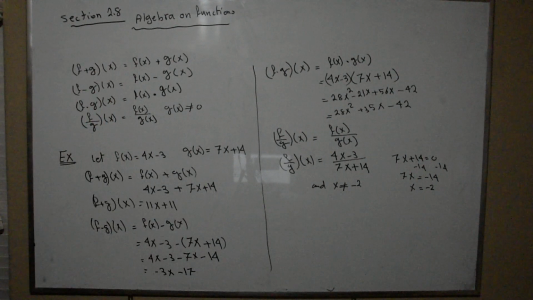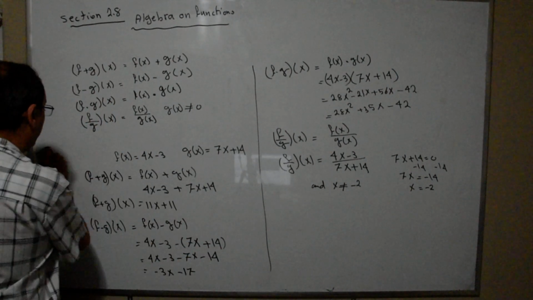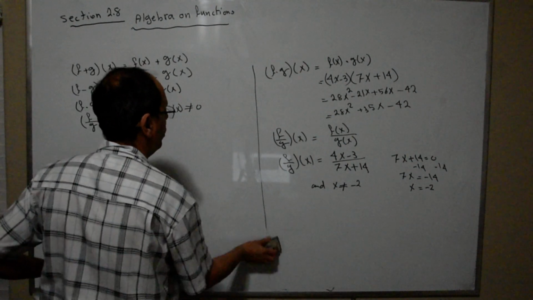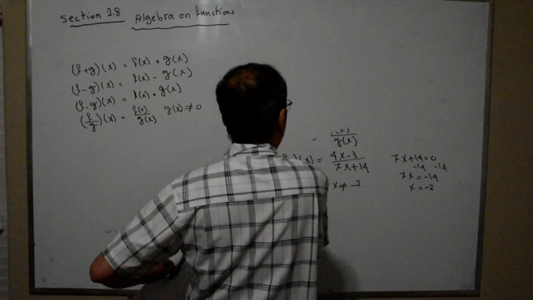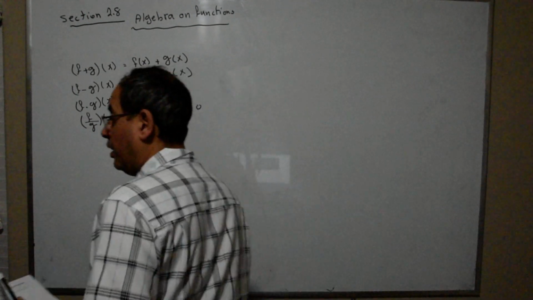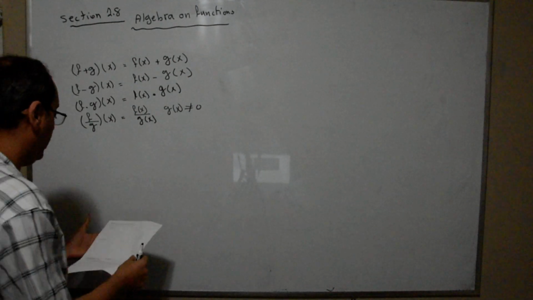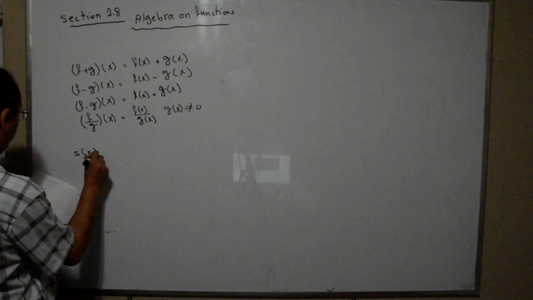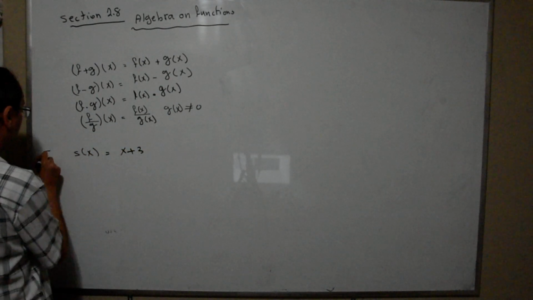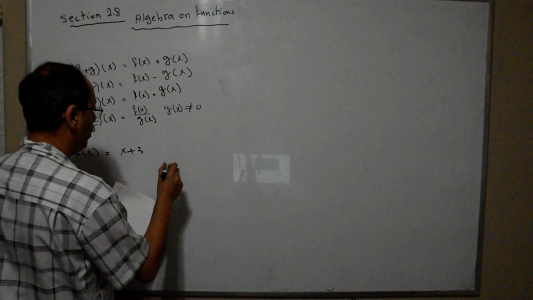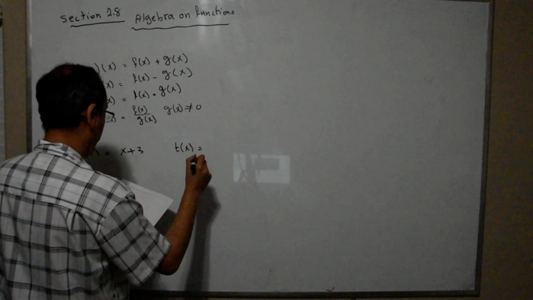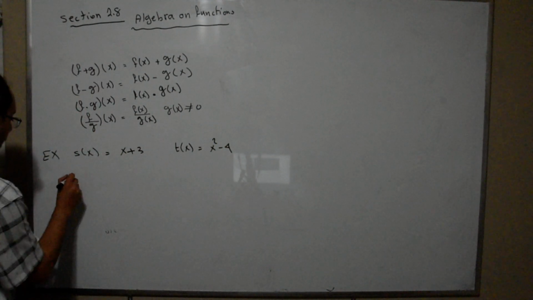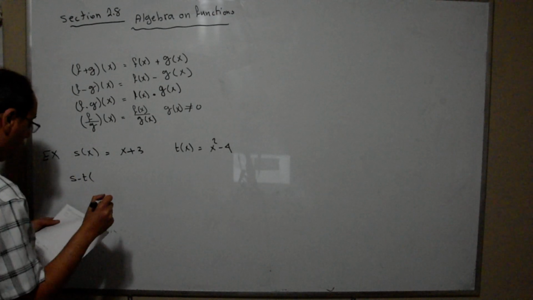Let's get an example and find the algebra on a specific number on the function. So I have an example here in your notes. I have s of x equals x plus 3. This is the example. And I have t of x equal x squared minus 4. And I'm supposed to find s minus t of negative 5.